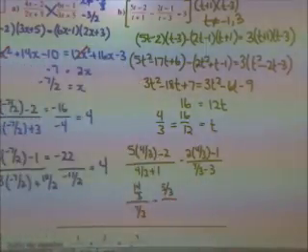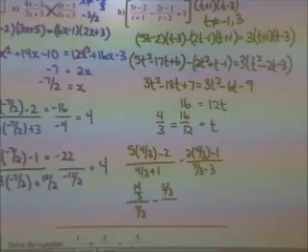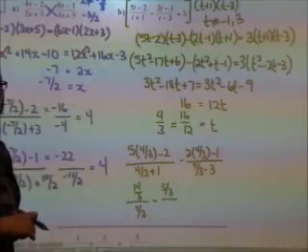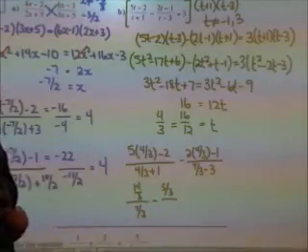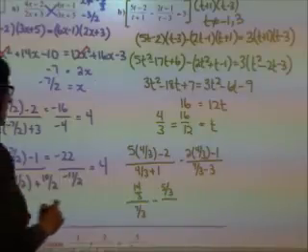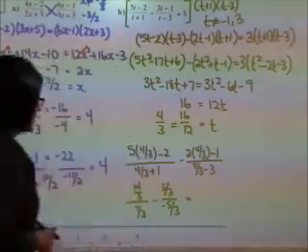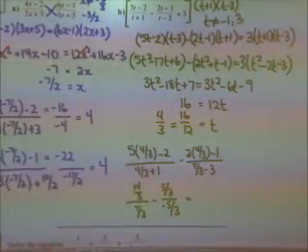And then 4/3 minus 3 would equal negative 5/3. So 14/3 divided by 7/3.